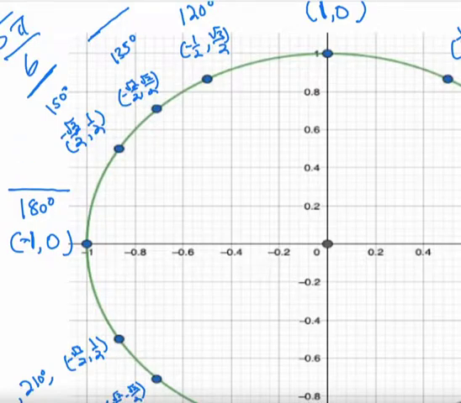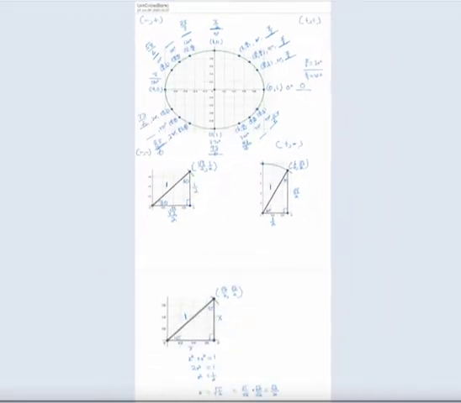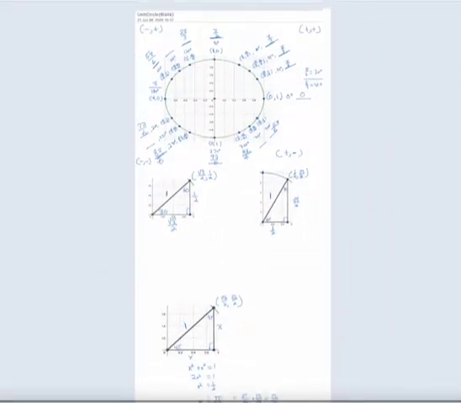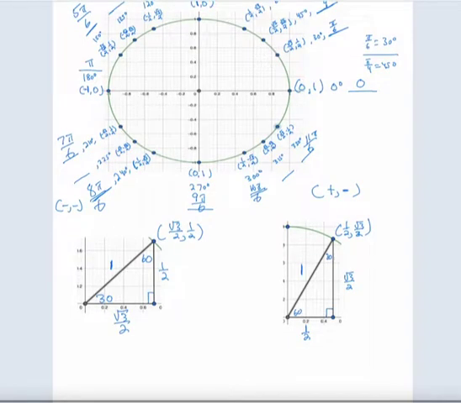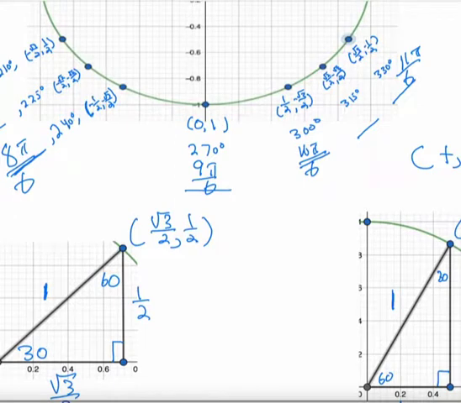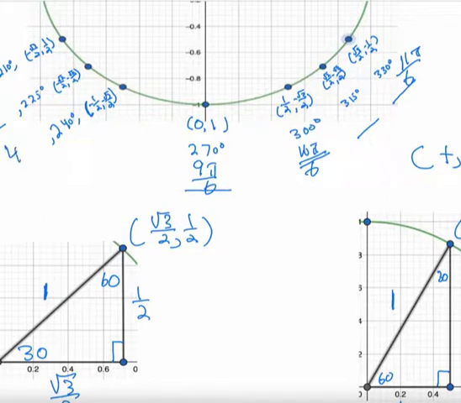This is pi, and then 7 pi over 6 is simplified. 8 pi over 6, no. So I'm going to zoom into that, and that is going to be 4 pi over 3.